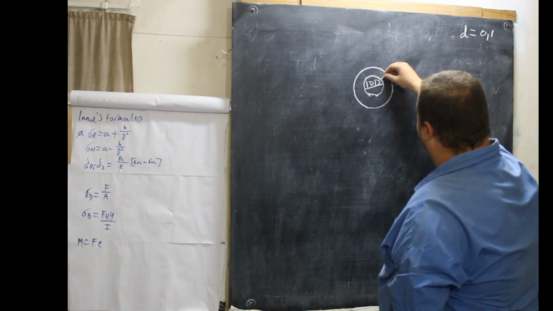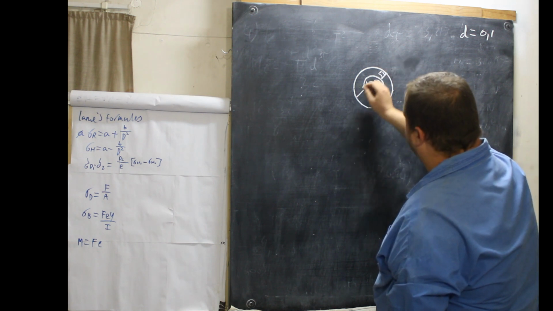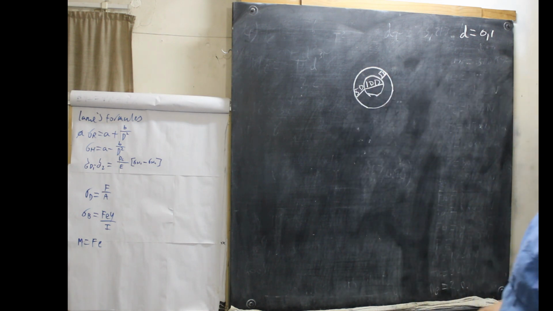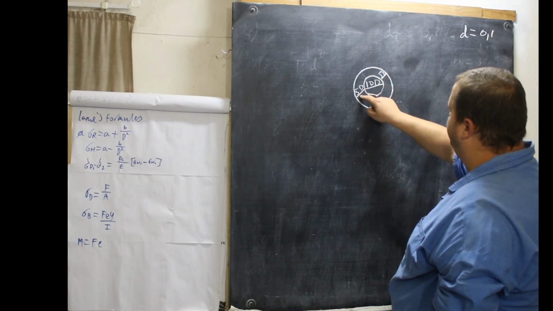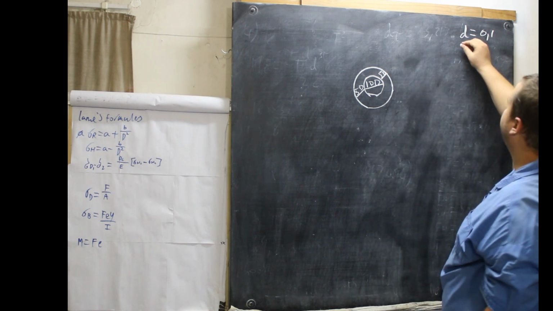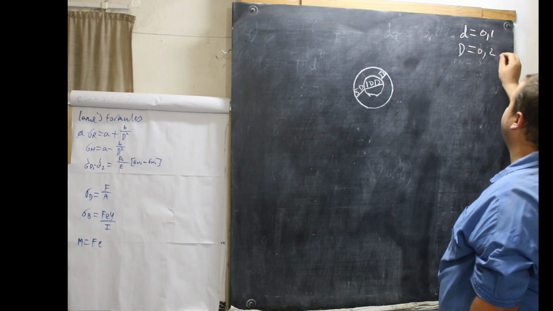And from here all the way around is 50. So to make a diameter, it goes from end to end. Now when you go end to end, 50 plus 100 plus 50, that is 200. So the diameter on the outside is 0,2.